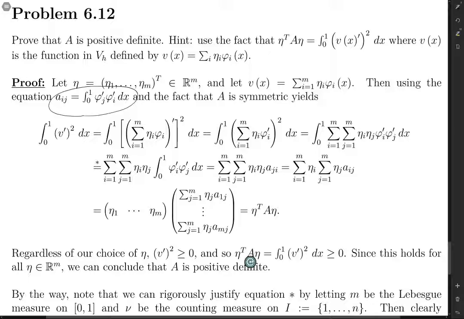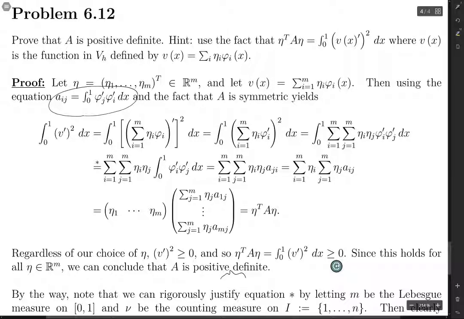If you compose two elements with any two vectors with each other, it'll give you a value that's greater than or equal to 0. Did I do this correctly? Okay, so what have I done here? I've proven that A is positive semi-definite.